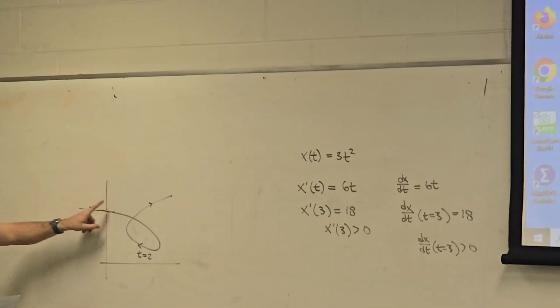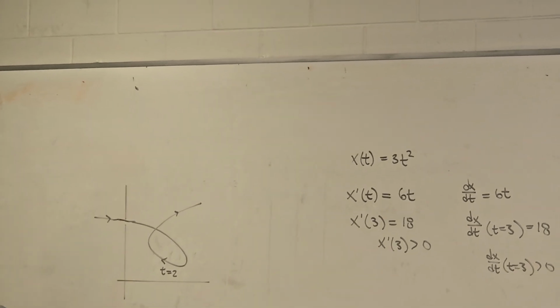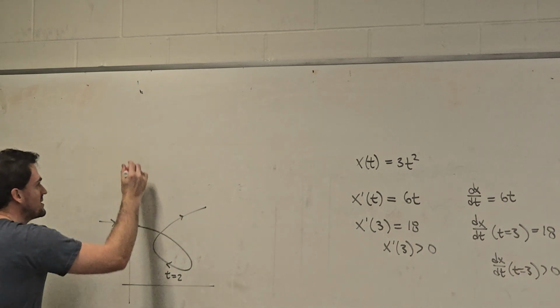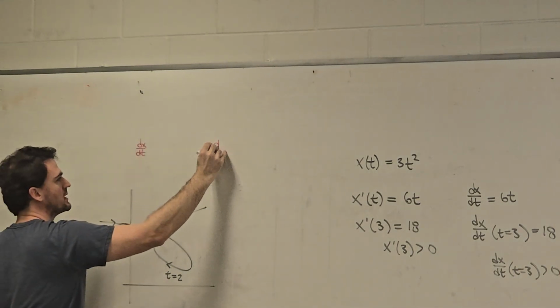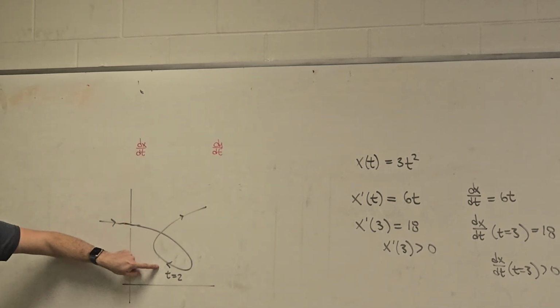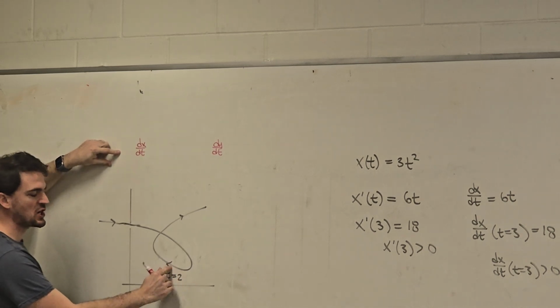So I've got my position moving like this. I've got an x of t and a y of t. I want to know the signs of dx/dt and dy/dt. This is saying, at the given t value, how is the x coordinate changing?